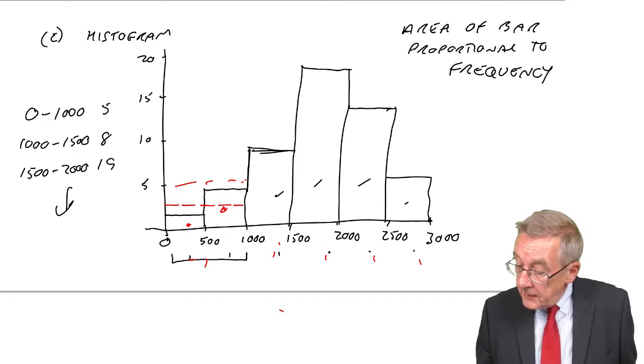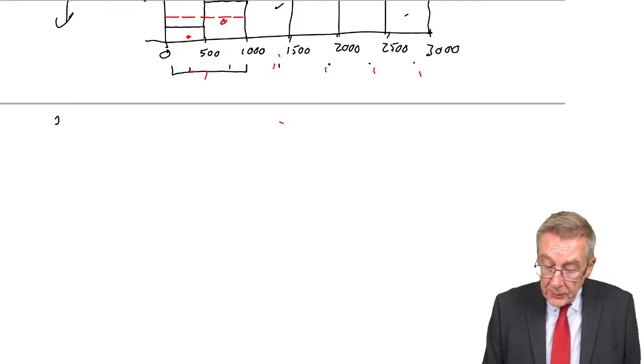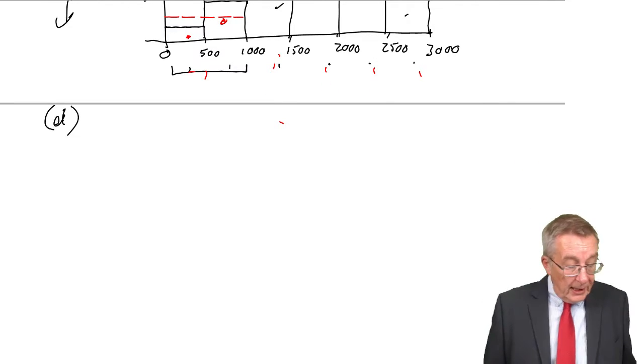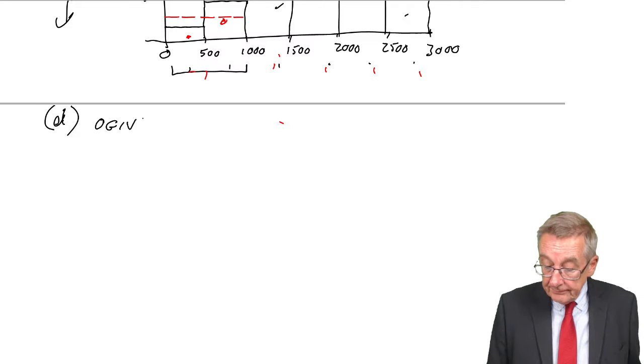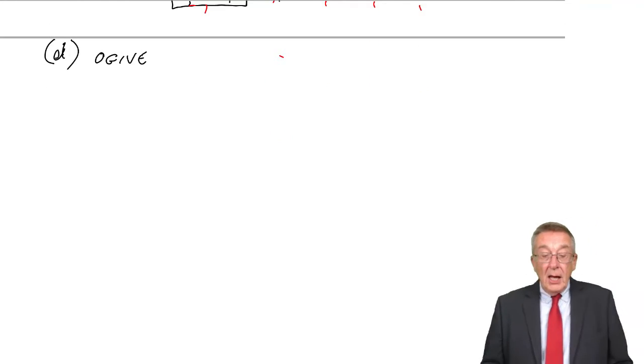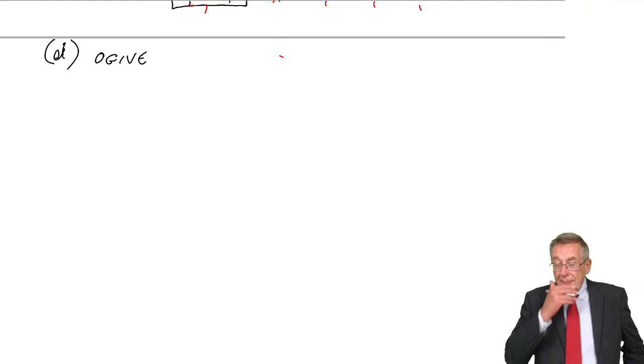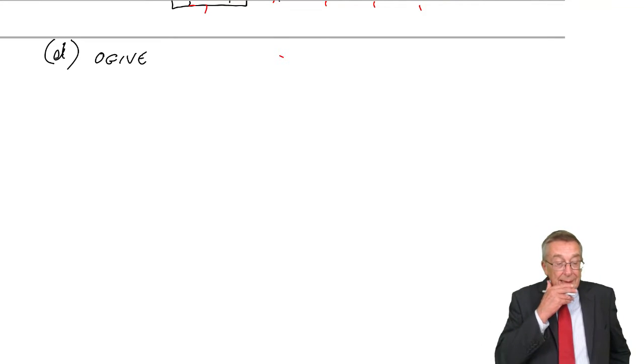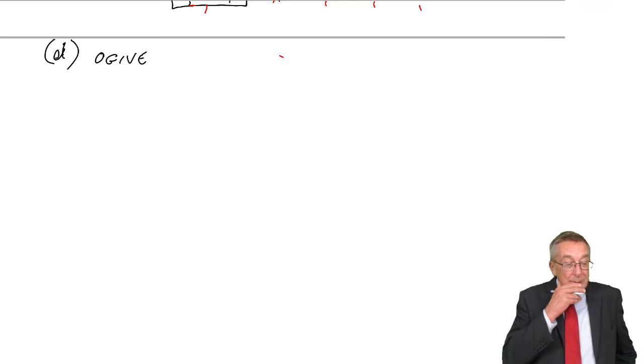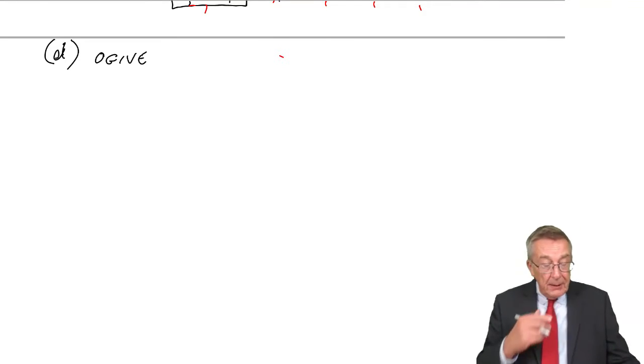Finally, the last one you're expected to be aware of is a rather specialised one, D, an ogive. What this is, we show what we call the cumulative frequency.